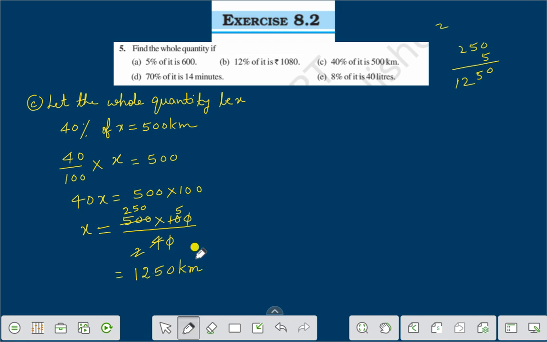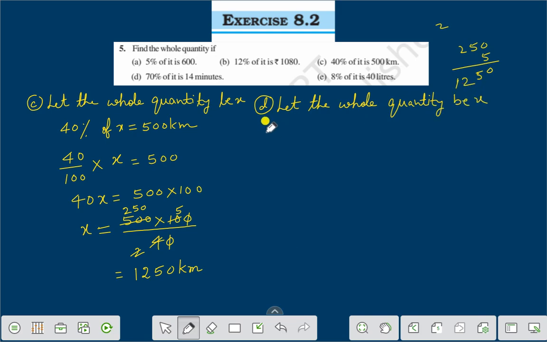Now, question number D. Let the whole quantity be x.